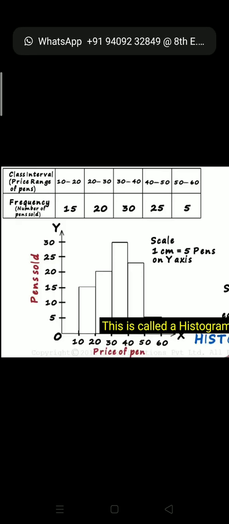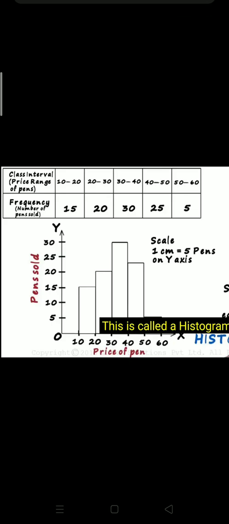The first class interval was 10 to 20. So you cannot start from 0. You have to start from 10. What is the number of pens sold of rupees 10 to 20? It is 15 pens. So where 15 is written on your y-axis, that is the height you will take for the bar, and between 10 and 20 you will draw one bar.